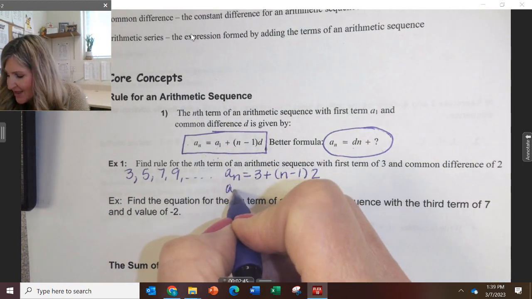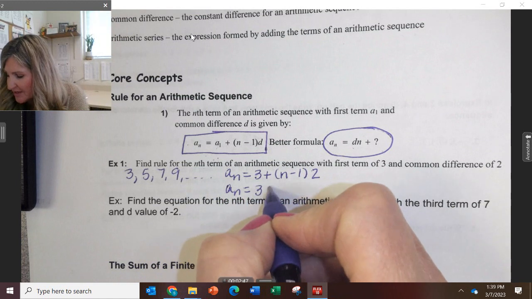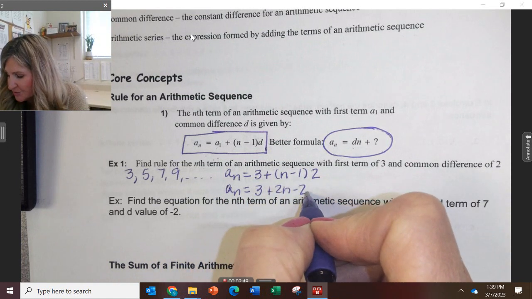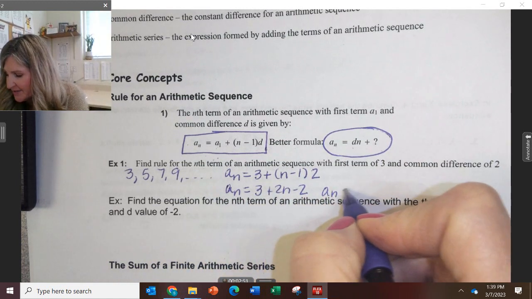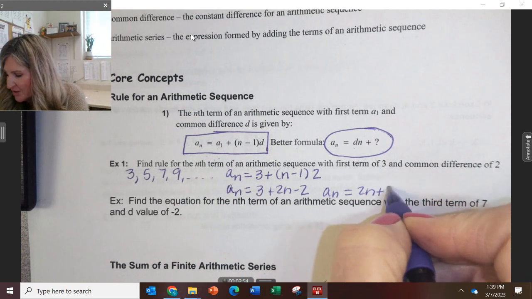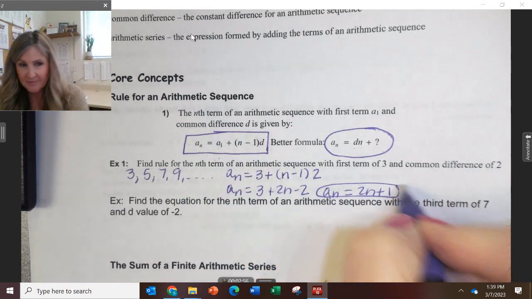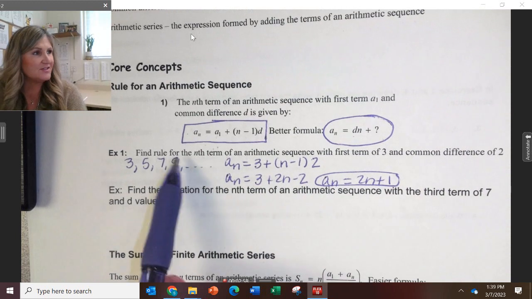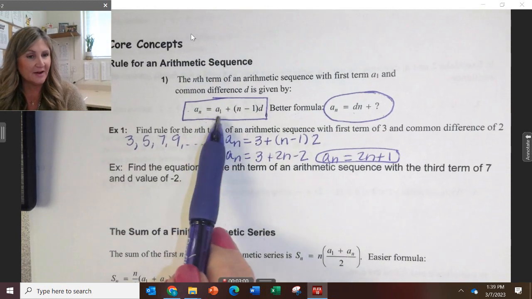So now I would have a sub n equals 3 plus 2n minus 2, which is a sub n equals 2n plus 1. So that's using this new formula right here.